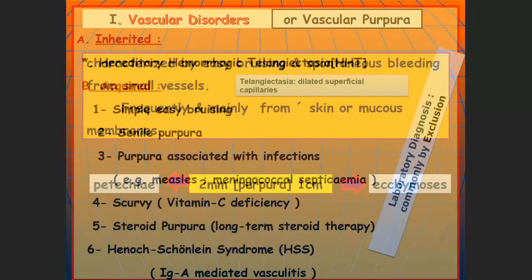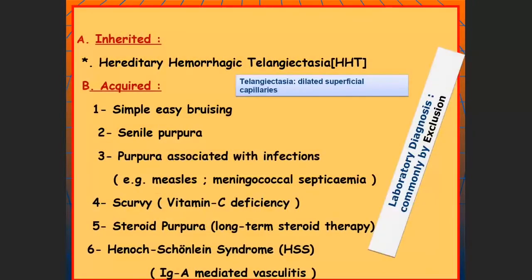Okay, vascular purpura can be inherited or acquired. The diagnosis is usually by exclusion of other conditions. There is no specific test, just exclusion.